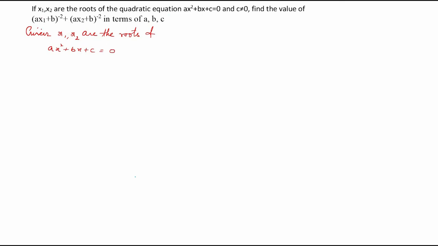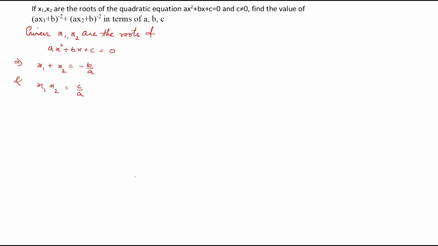We are given these x1 comma x2 are the roots of this quadratic equation ax square plus bx plus c equals to 0. Remember, we are given c is not equals to 0. So whenever we have roots in the equation, we always can depend on sum of the roots. x1 plus x2 is equals to minus b by a, and product of the roots x1 into x2 is equals to c by a.